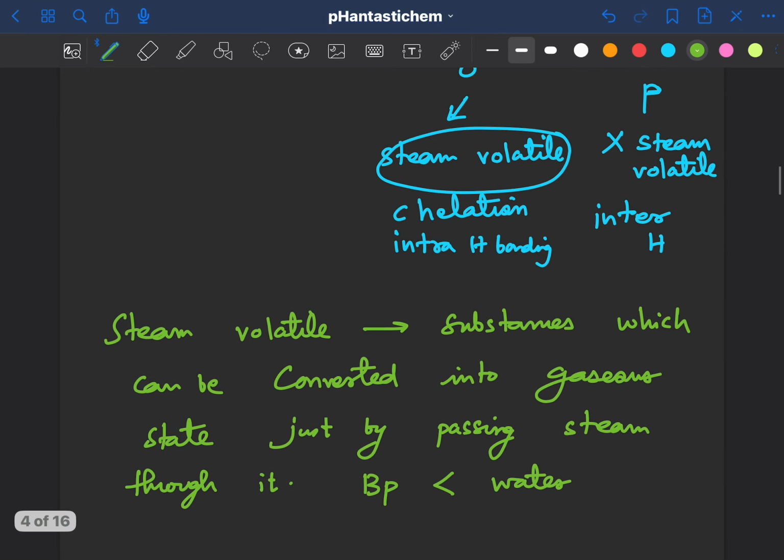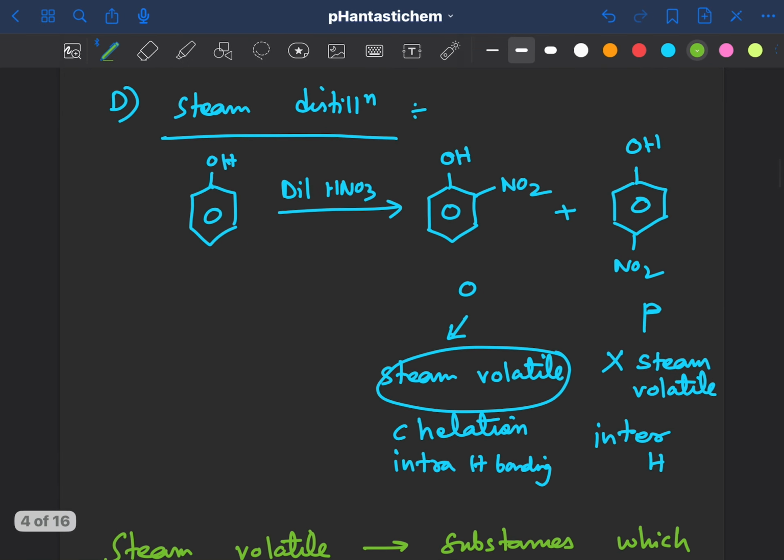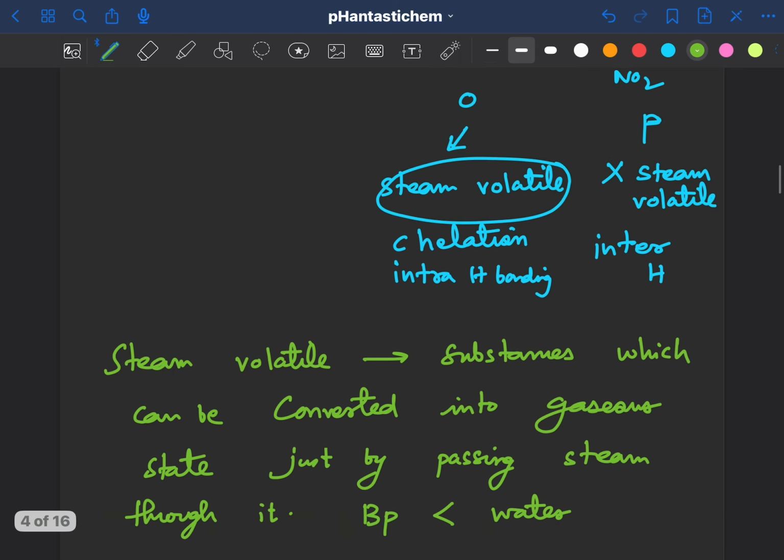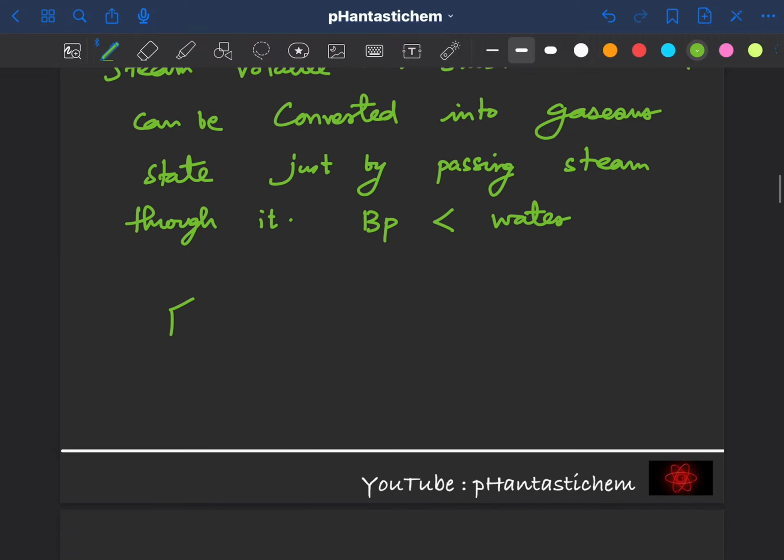Okay, so now we have two products that we have got. One is orthonitrophenol and one is paranitrophenol. So orthonitrophenol, if I show you the intramolecular hydrogen bonding, it shows intramolecular hydrogen bonding, and para shows intermolecular hydrogen bonding.